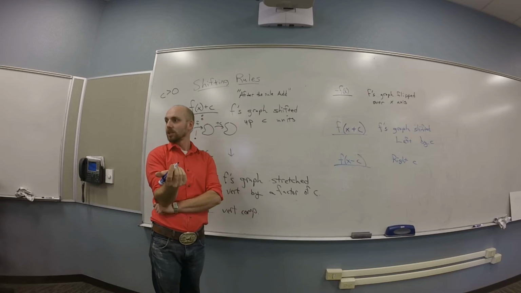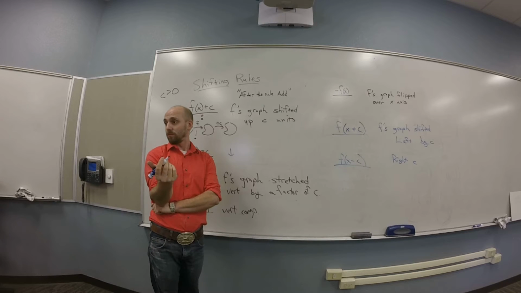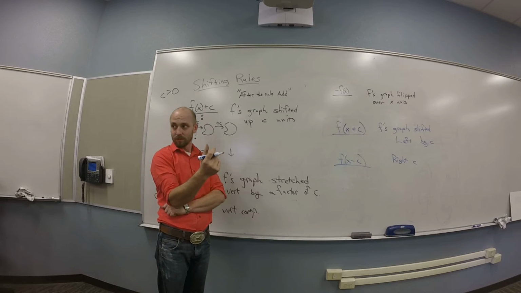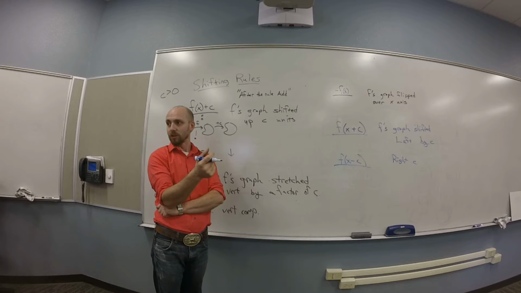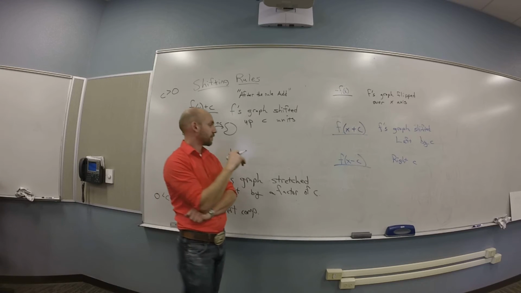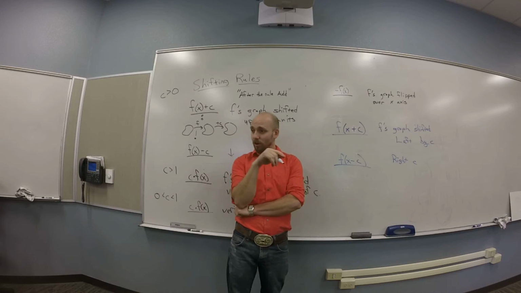Okay, what else? Did you do horizontal? No, I didn't do a horizontal flip yet. Did you do flips across y equals x? No? Well, we did that when we did inverse functions. Yeah, that's not one of these. The horizontal flip is a good one.